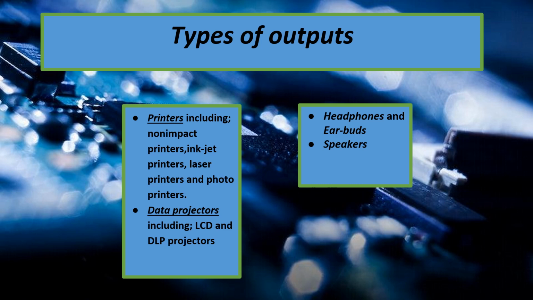Now you have data projectors, which include LCD and DLP projectors. The rest of the outputs that you could use in your computer are headphones and earbuds, and sometimes a speaker.